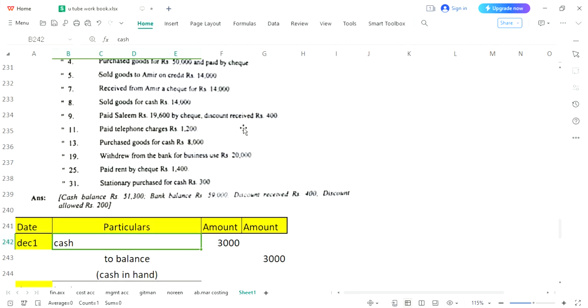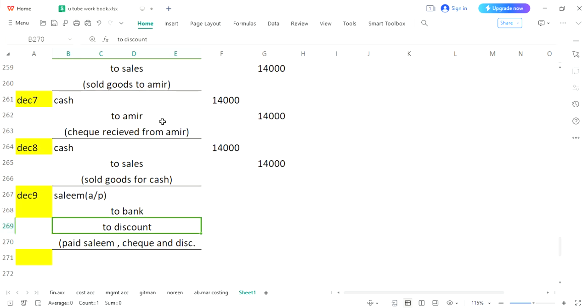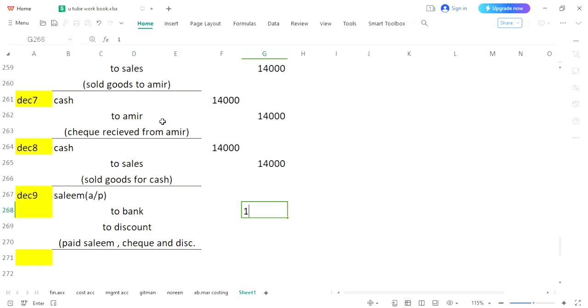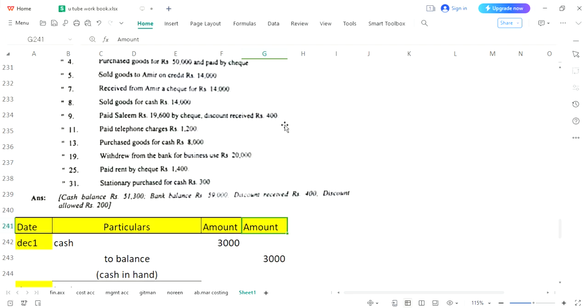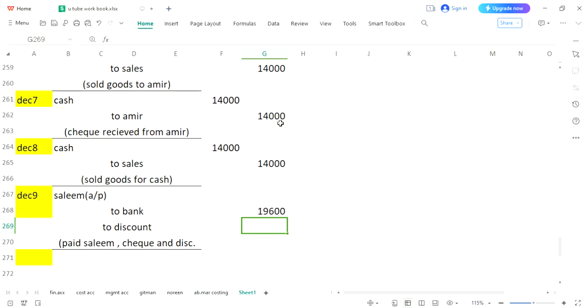Now let's see how much the amount is. You have paid a check of 19,600. So the amount present in your bank account would be decreased by 19,600. Discount is also mentioned, 400. Just write down 400. Similar to the previous entry, the amount of Salim is not mentioned.